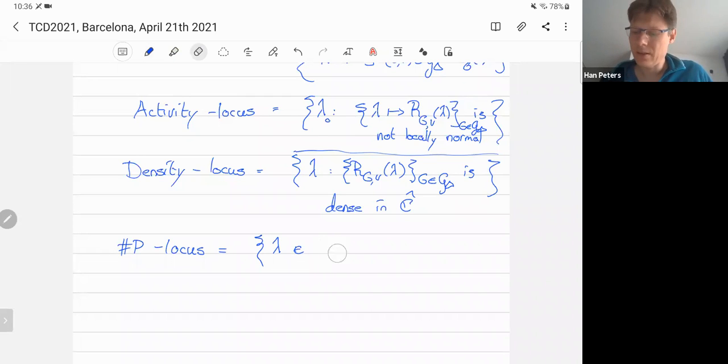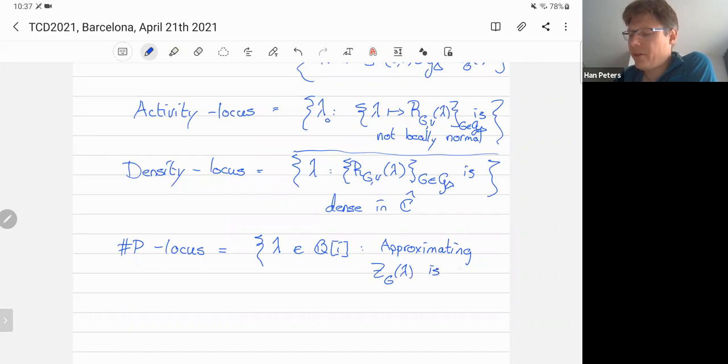So we should look at Q_i. I won't go into details here, but you want to look at rational parameters for which approximating Z_G(lambda) is Sharpie hard.